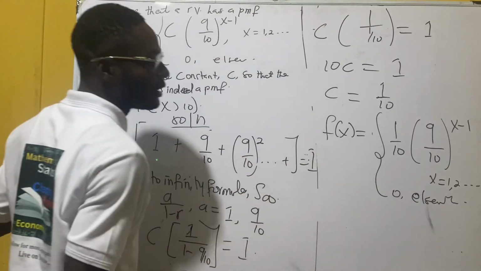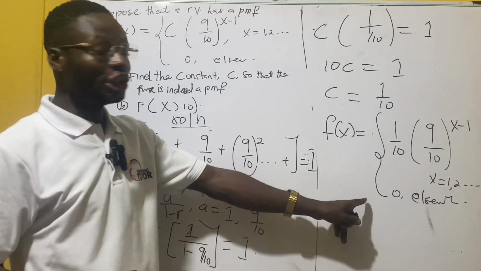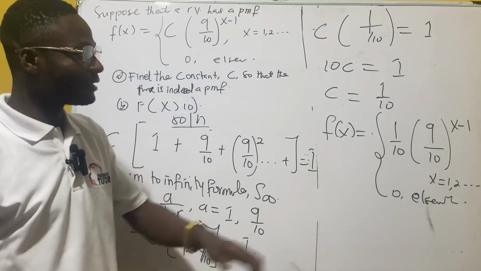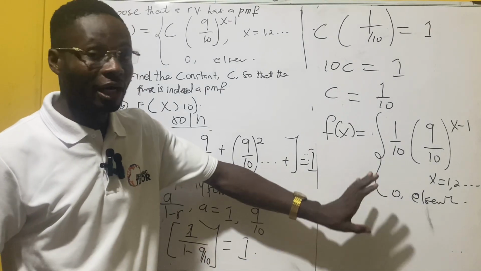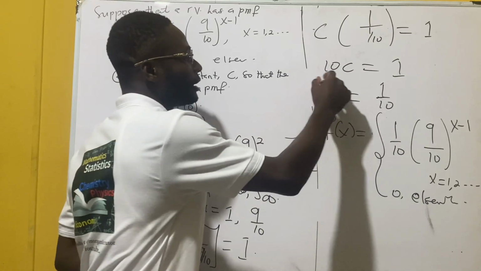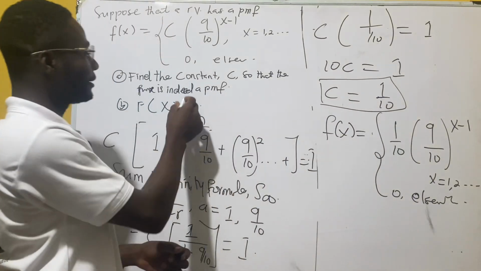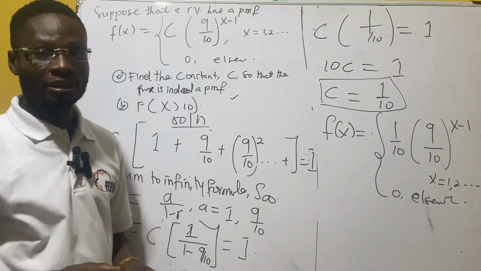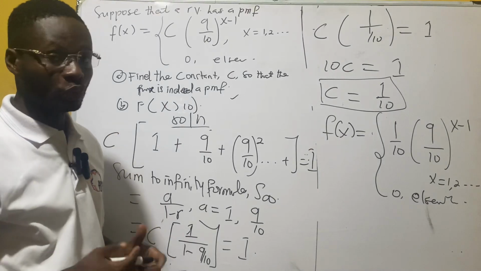So this is our new function, now without a constant, because we have found the constant to be 1 on 10. That is the first question that we were asked to do.